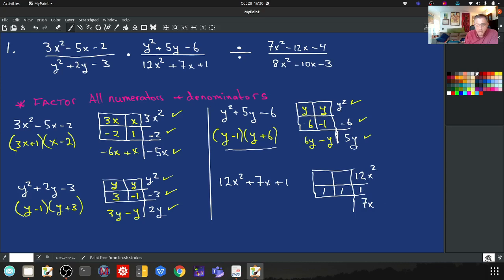So I have to figure out how do I split up 12 factor-wise? Well, let's try 4x times 3x. So 4x times 1 is 4x. 3x times 1 is 3x. 4x plus 3x is 7x. So I have my factorization. It's 4x plus 1 and 3x plus 1.